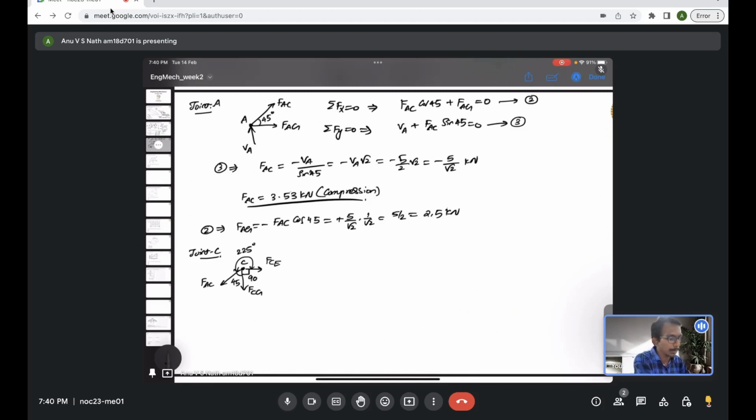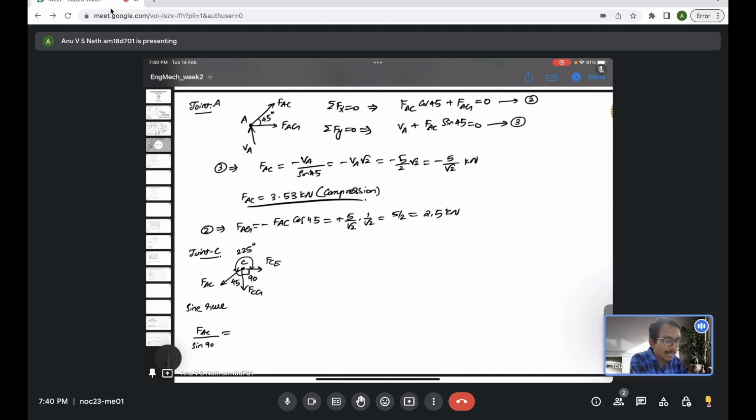Okay, so if we use the sine rule, FAC, which is actually known, we will use the data later. FAC by the sine of the opposite angle. So you can see FAC's adjacent angles are 45 and 225. The opposite angle is 90. So it's sine 90. If you have doubt in this, please stop me.